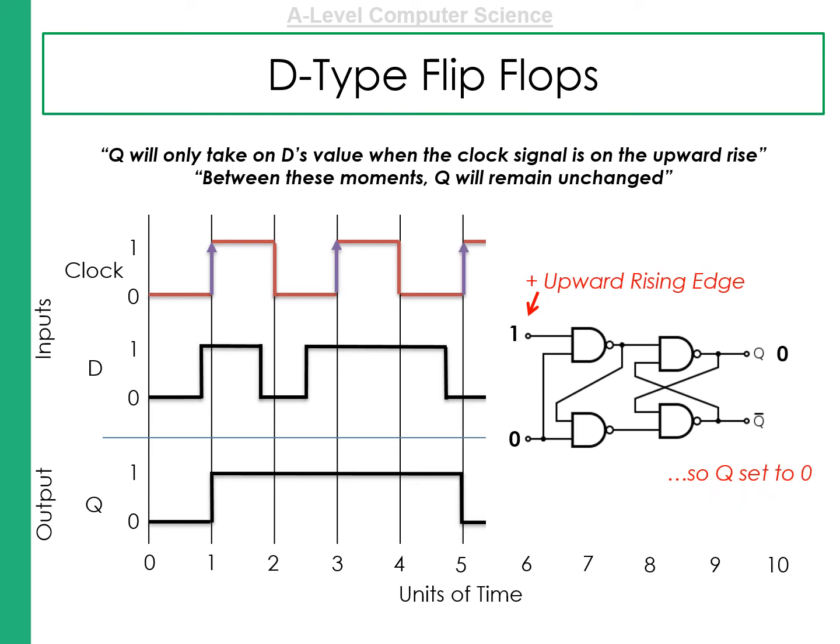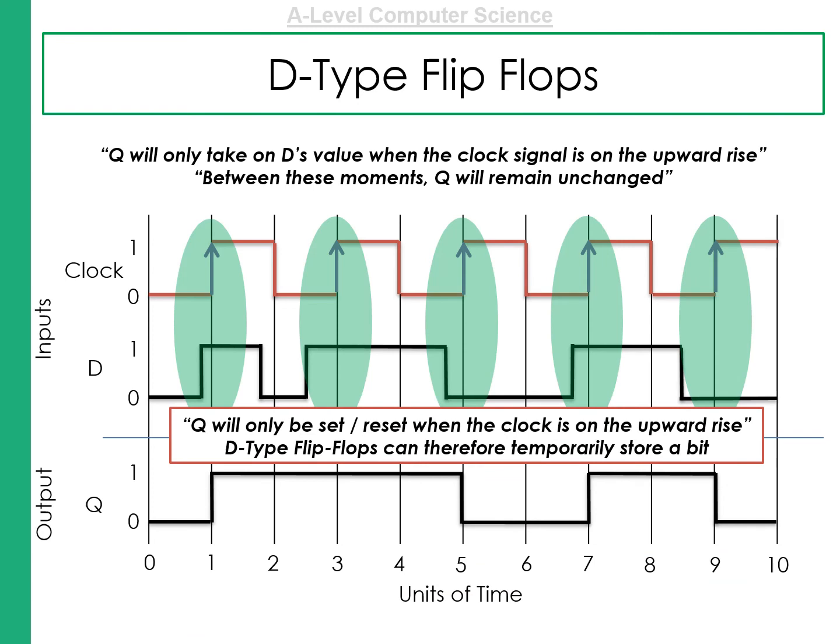Now you can see D is at 0 still, but as the clock changes to 1, Q is set to 0 because the value of D is 0. So you can see how Q has been 1 all that time and all of a sudden it's been changed. The key thing here is to remember that Q will only take D's value when the clock signal is on the upward rise.